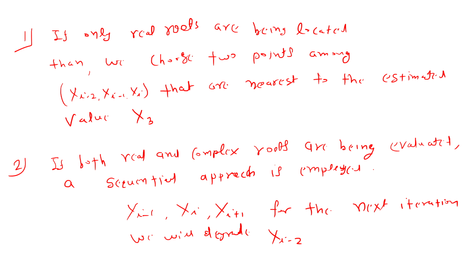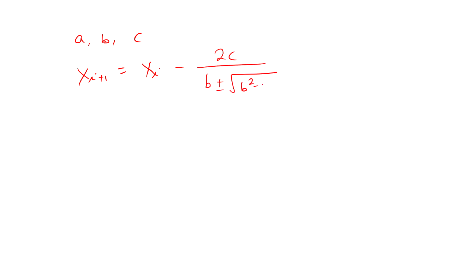So in the Muller's method, I will explain that we will basically calculate A, B and C. Then we will find out xi plus 1 as xi minus 2c upon b plus minus root of b square minus 4ac, where if b is plus value, then we take plus sign.